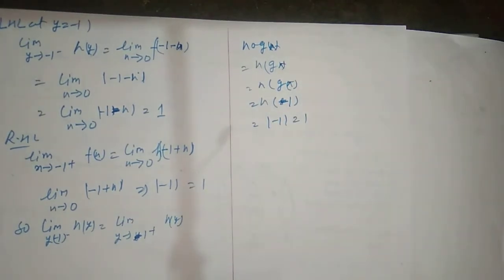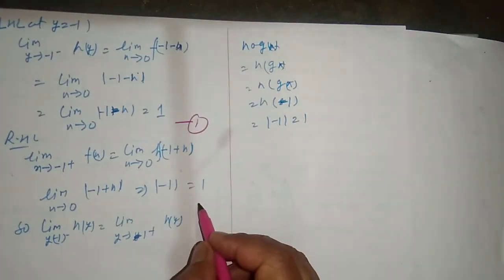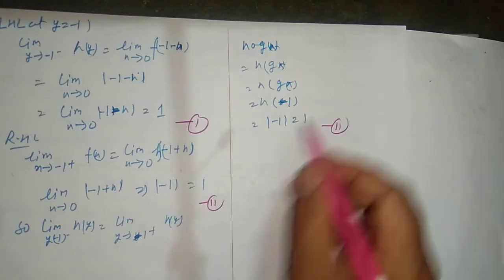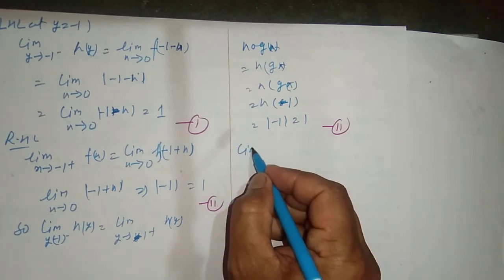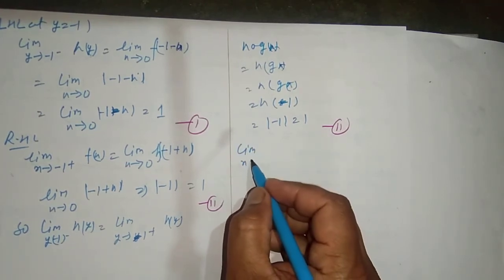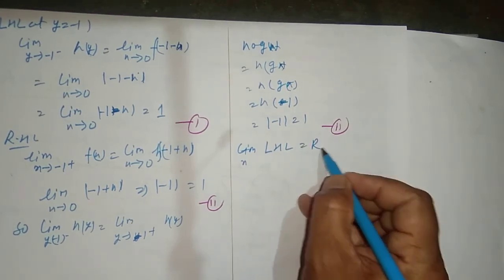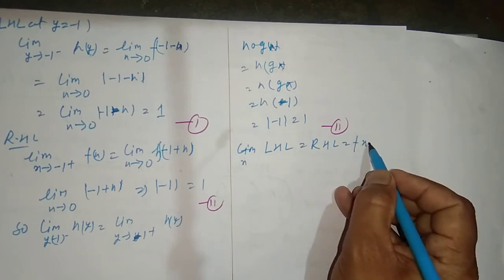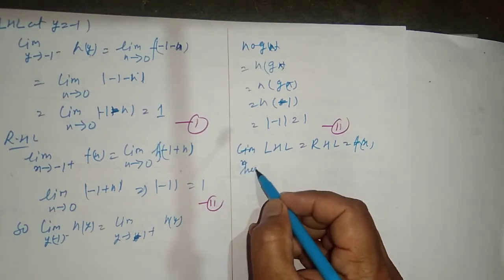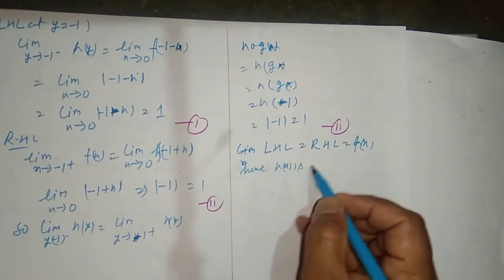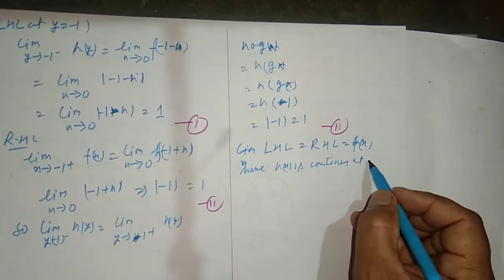So finally we can conclude that with equation 1, equation 2 and equation 3, LHL is equal to RHL is equal to the value of the function. Clear? All three are completed. Hence h(x) is continuous at g(π).